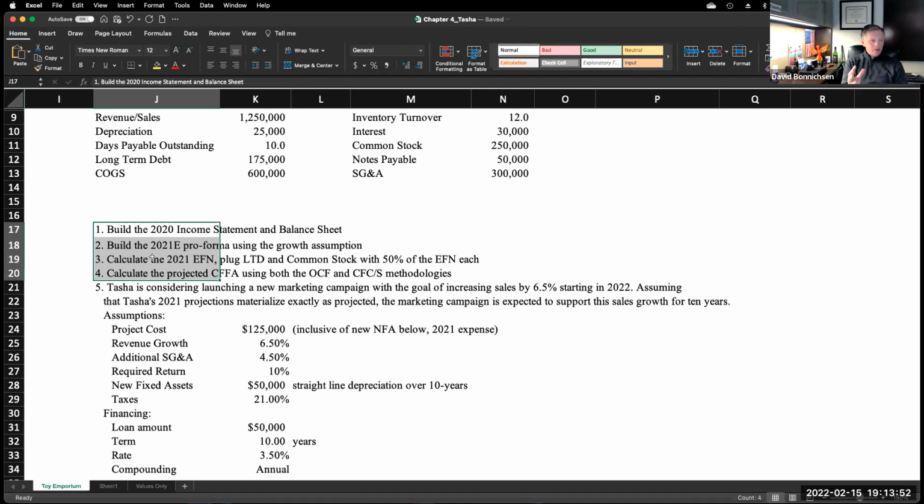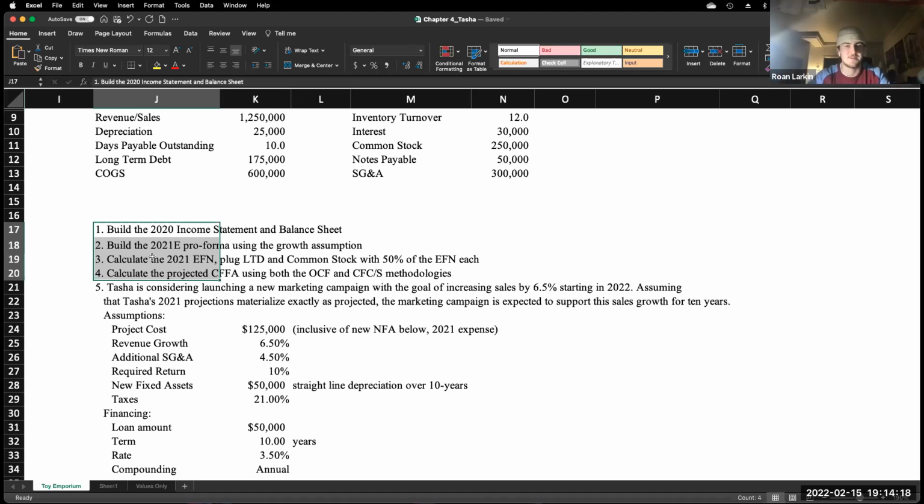Question 5 deals with forecasting the value added from a specific project. So it's incremental. We're not looking at the full value of the firm. We're looking at the value that a project delivers to the firm. Any questions before we move on?